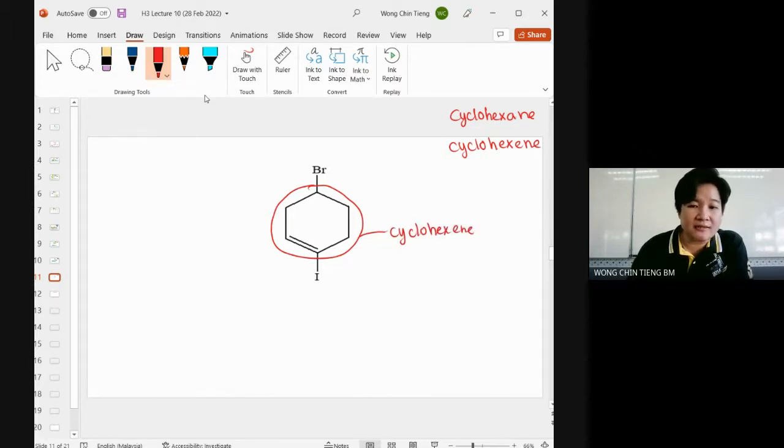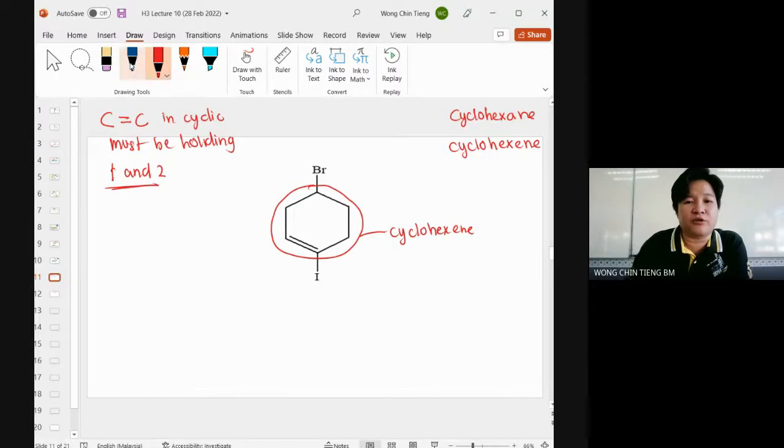Bila kamu ada double bond in your cyclic, carbon-carbon double bond in cyclic must be holding 1 and 2. Dia mesti kena pegang nombor 1 dan 2.